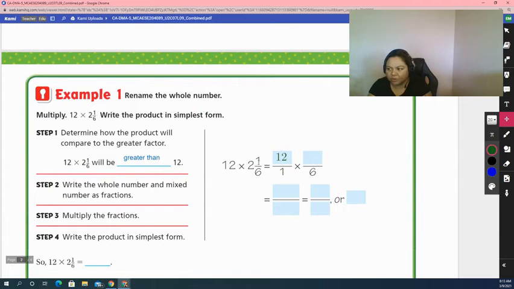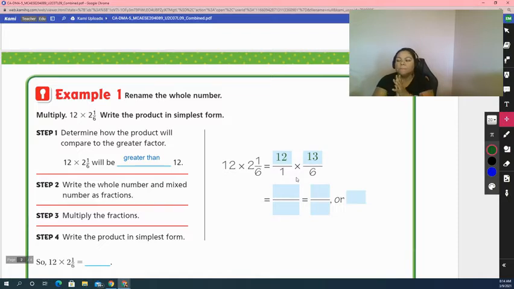We're going to add the numerator, which is 1. 12 plus 1 is 13. So the numerator of our fraction now is 13, and the denominator remains the same. In this case, it's 6. So now it's 13/6 when we write it as a fraction.